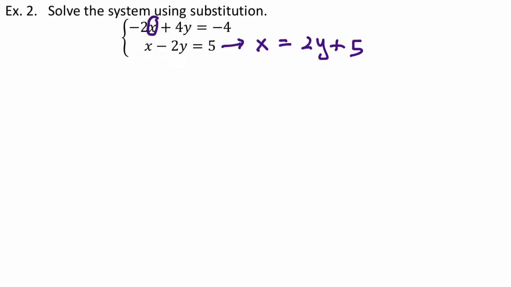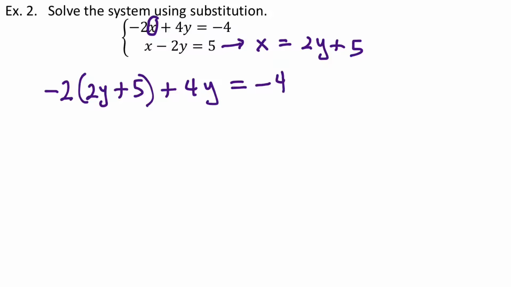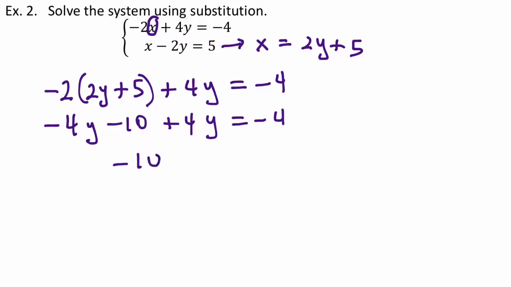So let me just move down here. So I've got negative 2 times (2y plus 5) plus 4y equals negative 4. Distributing, negative 4y minus 10 plus 4y is equal to negative 4. So that's negative 10. This is going to cross out. Negative 10 is equal to negative 4. Okay, so that is false.